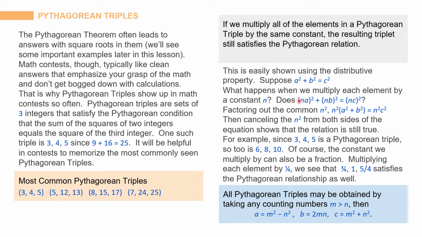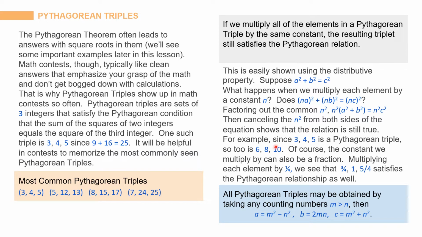Does (na) squared plus (nb) squared equal (nc) squared? Factoring out the common n squared, on the left-hand side we get n squared times the quantity a squared plus b squared, and on the right side we have n squared c squared. We can cancel the n squared from both sides of the equation, and we show that we still have the relationship that a squared plus b squared is equal to c squared.